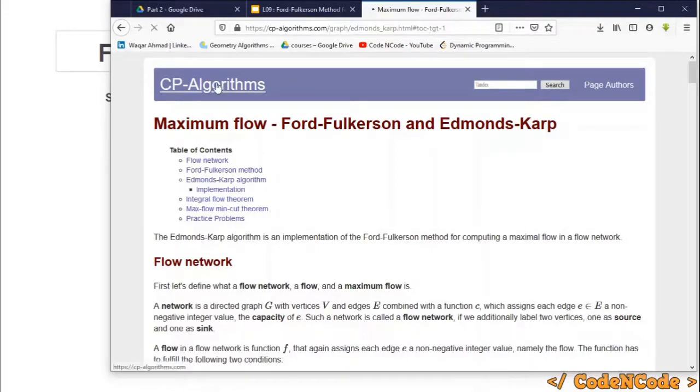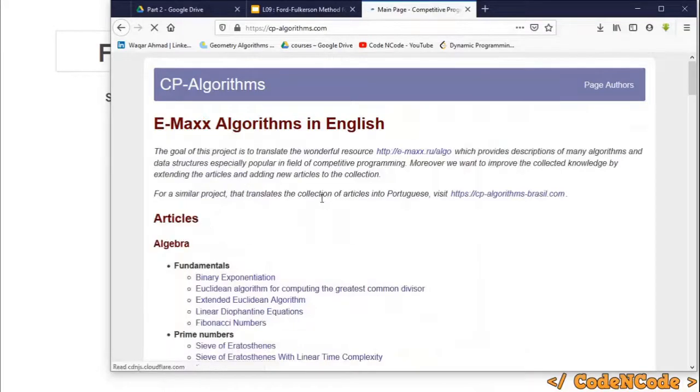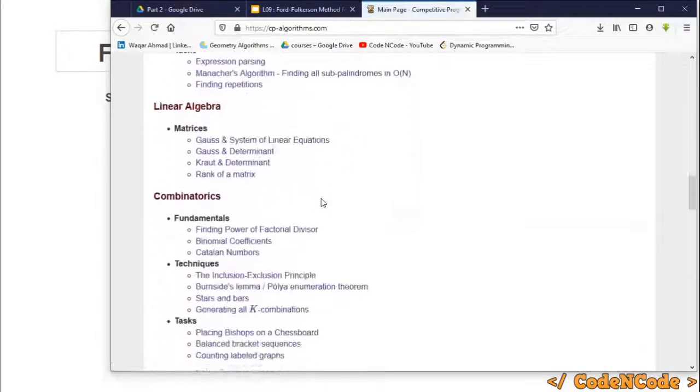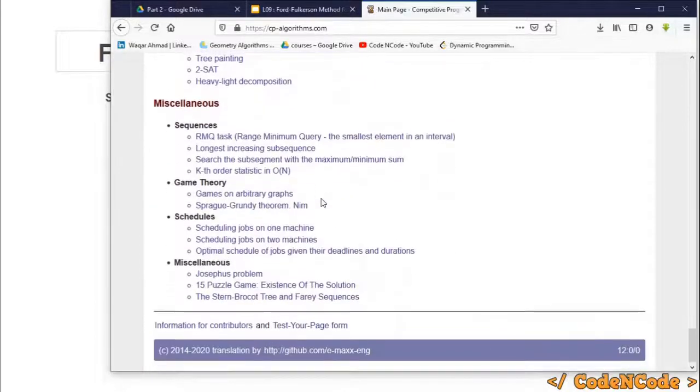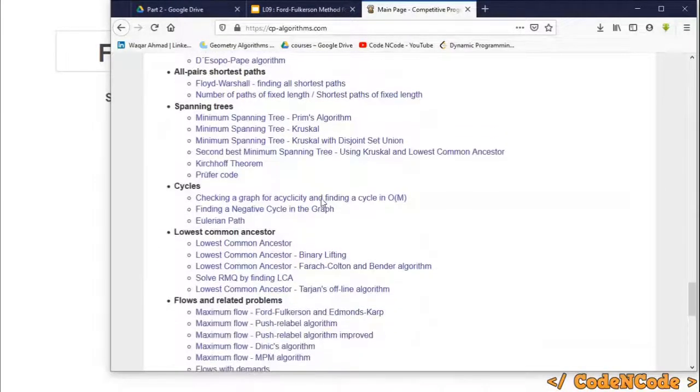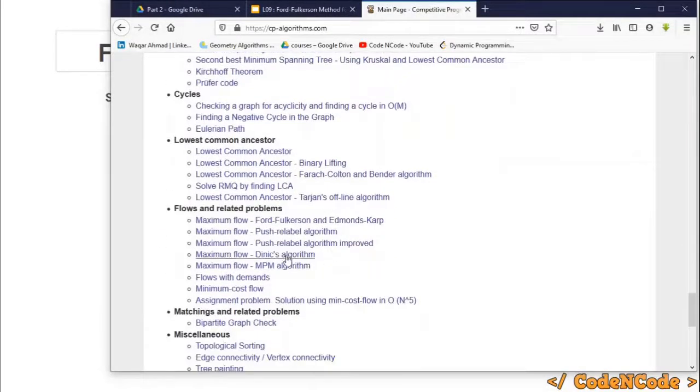Let me just check. Yeah, there is also the Dinic algorithm, which I think has a better running time than the Edmonds-Karp algorithm. So we'll be studying this too.